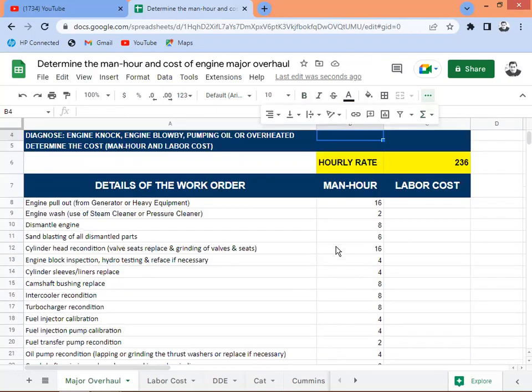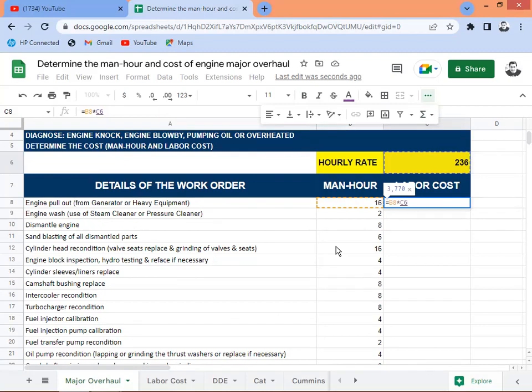Now we're going to calculate the labor cost. The hourly rate should be the man hours multiplied by 236. This is the hourly rate, and this is already the cost.